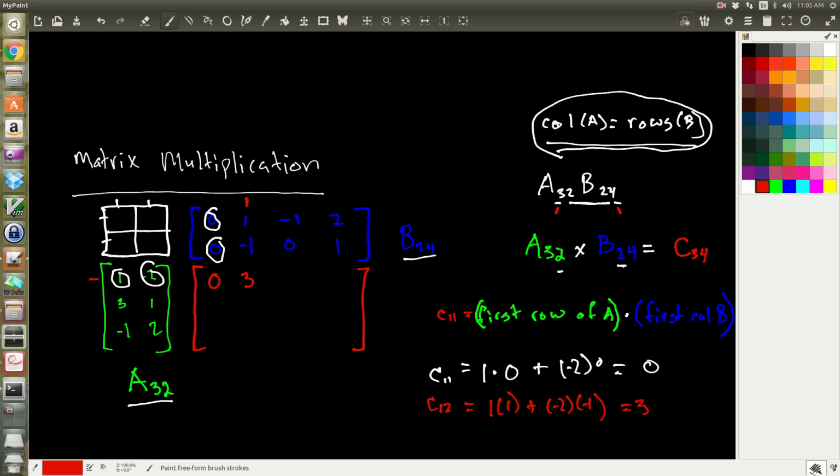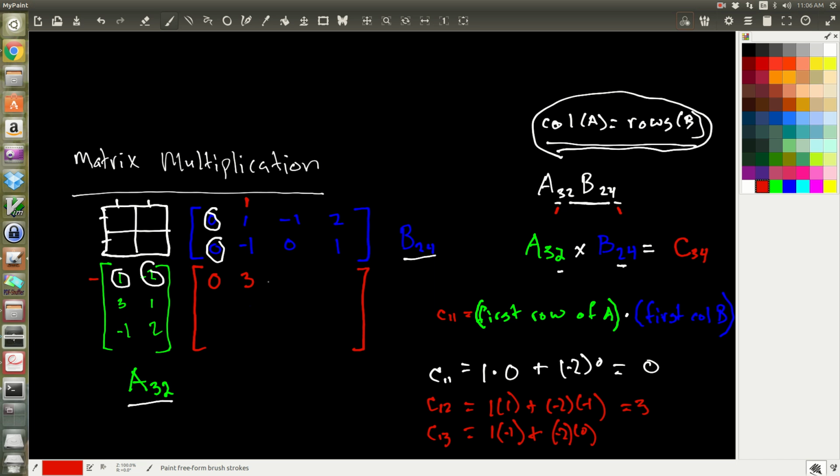So then if I wanted to get this component right here, the C13 component, I have to take the dot product of this first row with this third column. And so I get 1 times minus 1 plus minus 2 times 0.